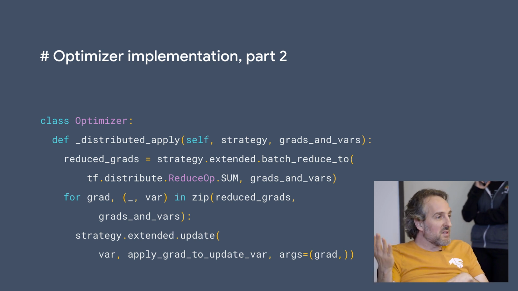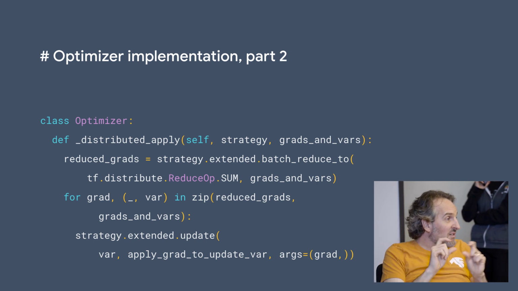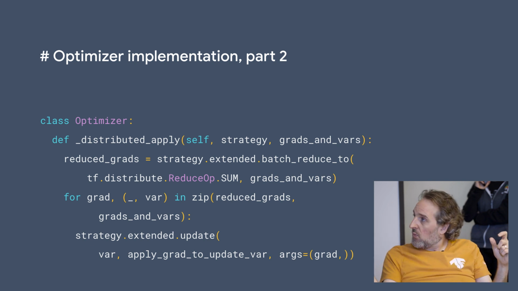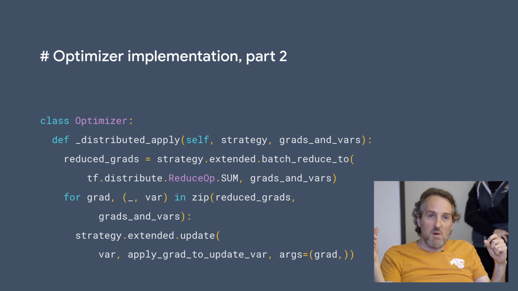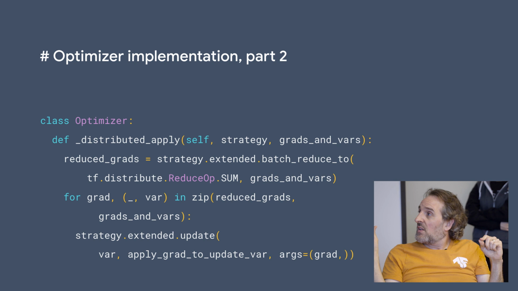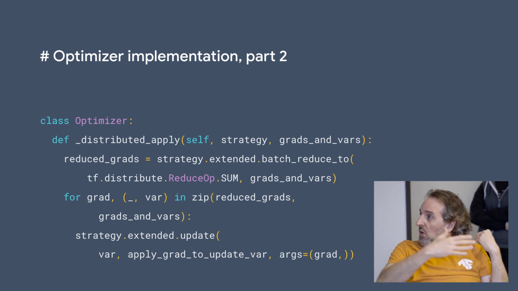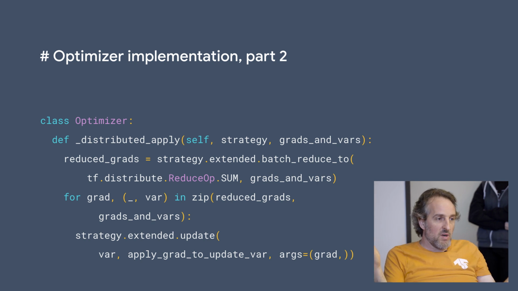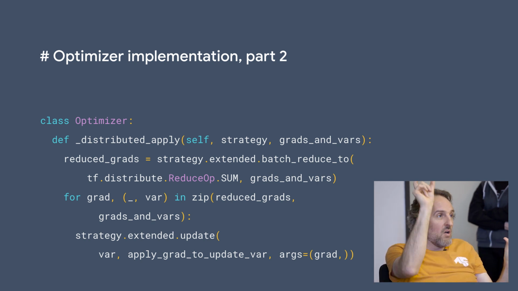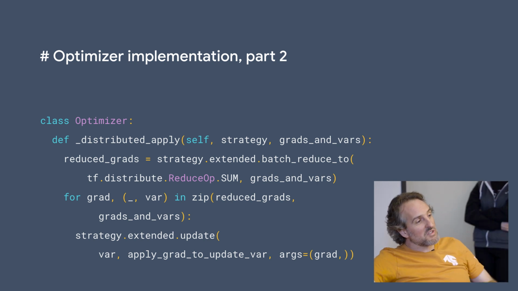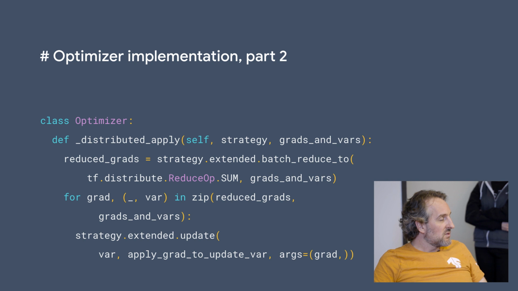Now we want those per replica gradients to be aggregated across all the replicas, so we do a reduction, where we add them up. And this batch reduce 2 will reduce all of the gradients at once, but it'll put each gradient after aggregation on the devices where the corresponding variable lives.